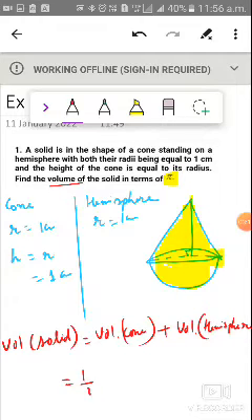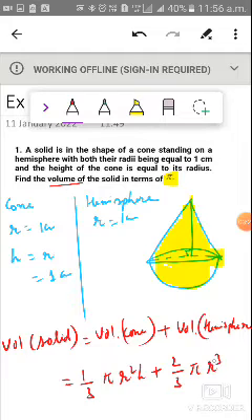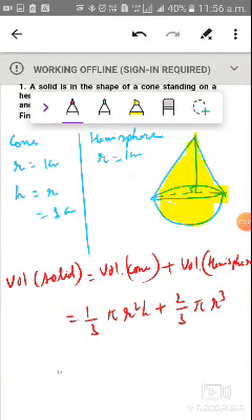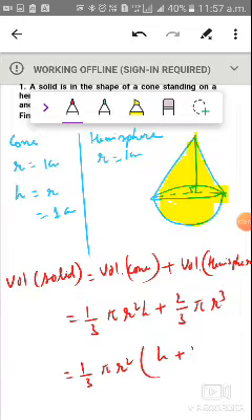That is 1 by 3 pi r square h, plus volume of hemisphere, that is 2 upon 3 pi r cube. Okay, so we can take common. See, the radius is same, so I can take common 1 by 3 pi r square. So while taking 1 by 3 pi r square common, here h will remain and here 2r will remain, right?